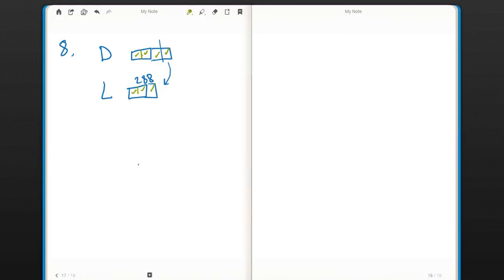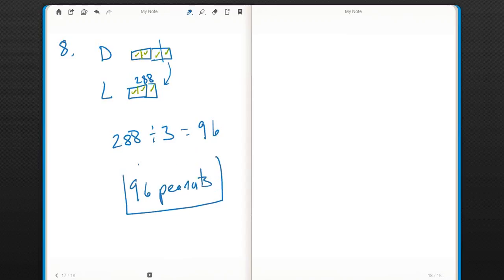So after this box is given to Leo, I have 288 as how much each of them has. If I divide that into 3 groups, that gives me 96 in a group, and 96 is the amount of peanuts that Leo has to get from Dominic in order to have the same amount. That is the short, I'll say lovely mathematical way to do it.